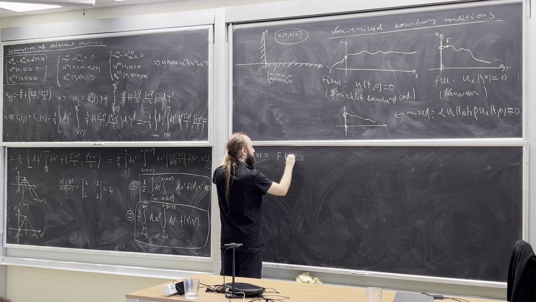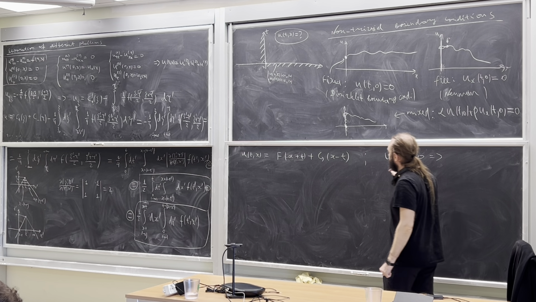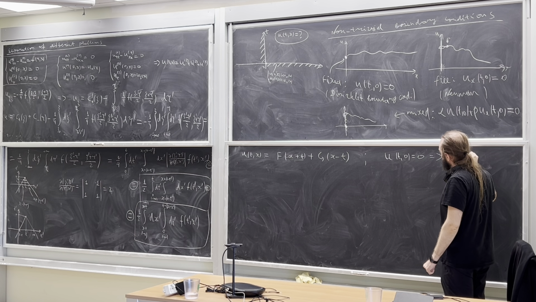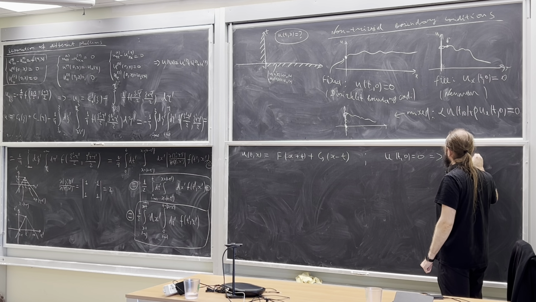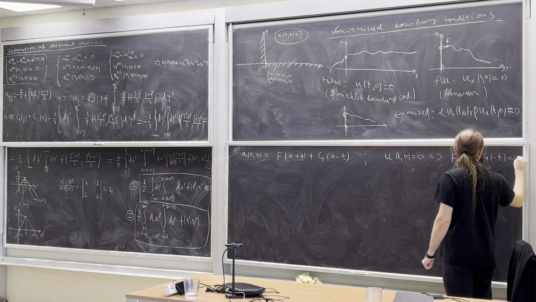So there are initial conditions, but let us see what happens with the boundary condition. It tells that f of t plus g of minus t equals 0.